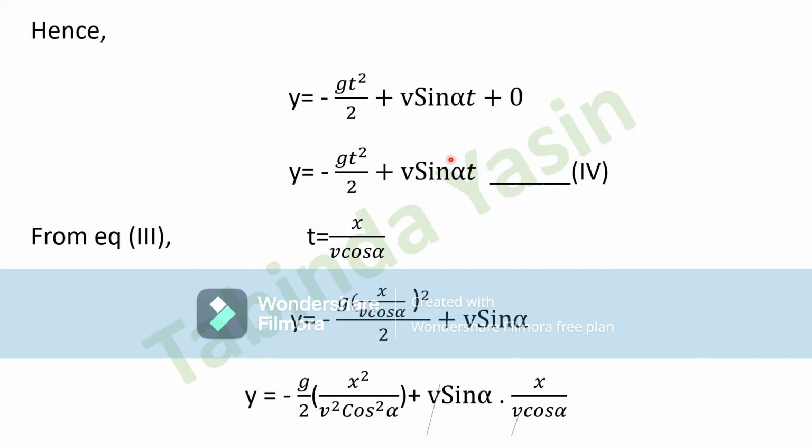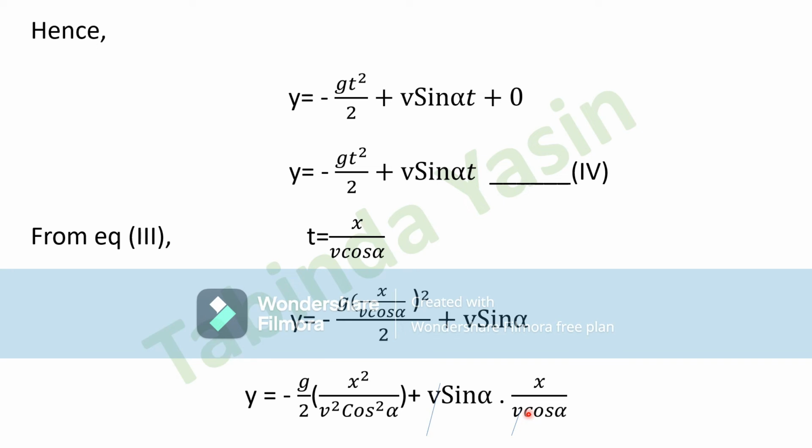From the previous equation we get x is equal to v cos alpha into t. So from there t is equal to x over v cos alpha, substituting that value here. So we get y is equal to minus g into (x over v cos alpha) whole square divided by 2 plus v sin alpha times x over v cos alpha. So that becomes y is equal to minus g by 2 into x square over v square cos square alpha plus v sin alpha times x over v cos alpha.